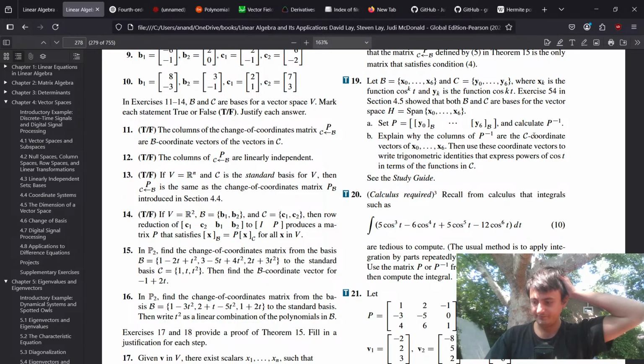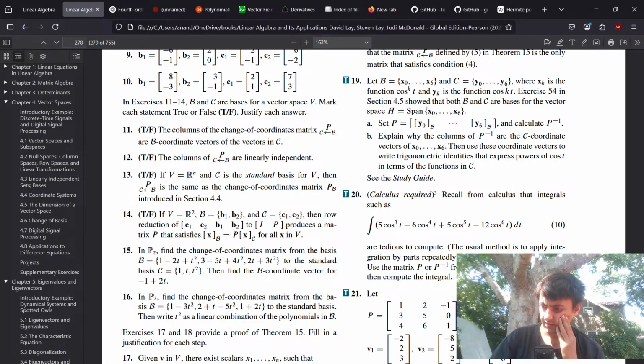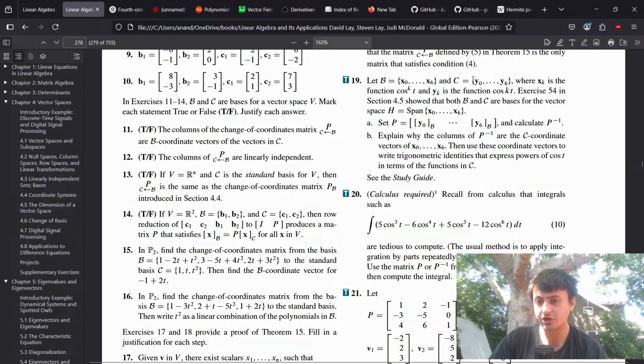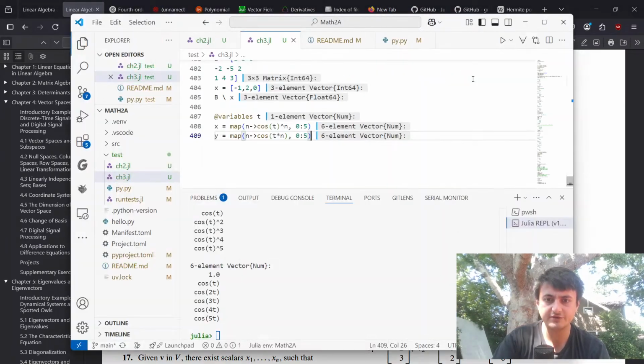So for 19, P is equal to, so this is going to be writing cos. Well, this is 0. So what is y for 0? It's just 1.